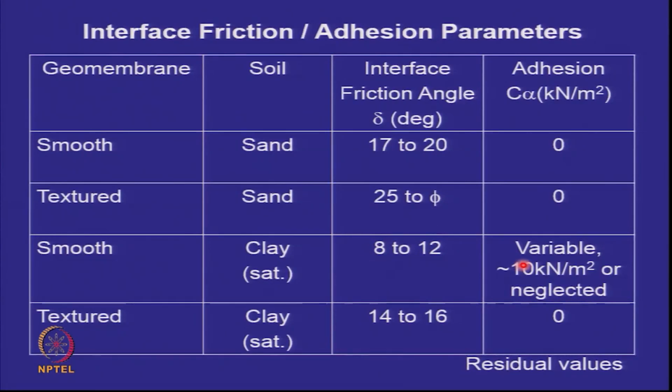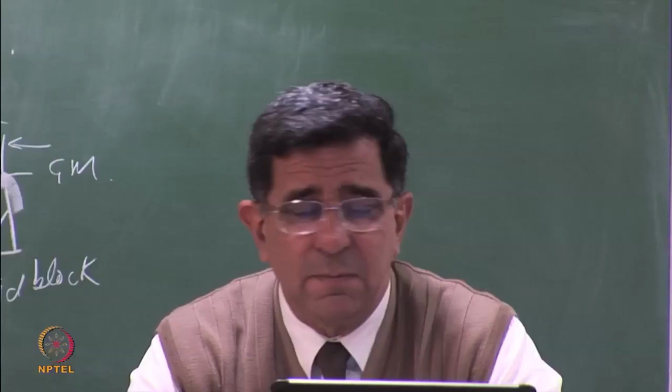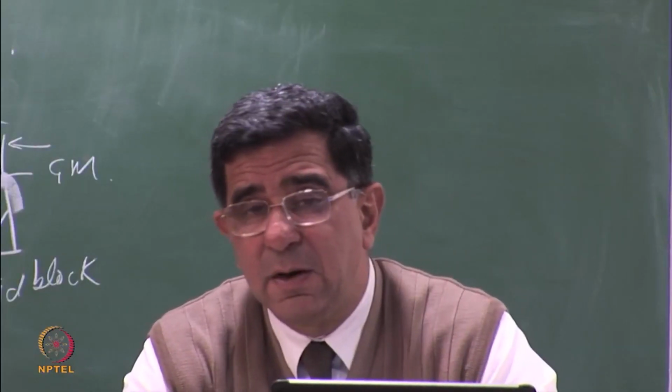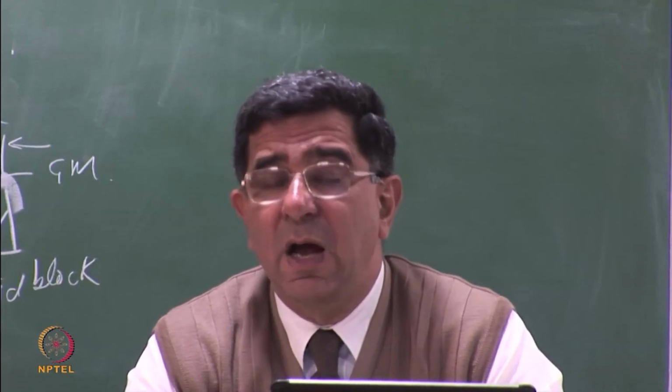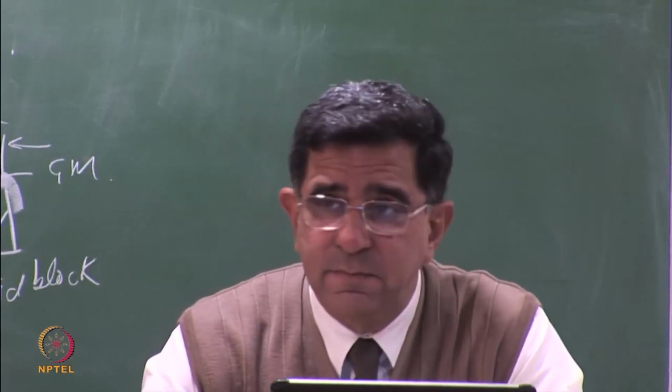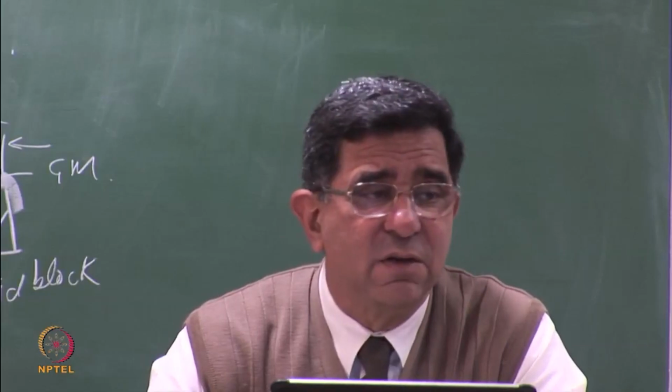You do get a cohesion intercept sometimes in your direct shear tests, and this should be called adhesion. Cohesion is soil to soil, this is adhesion intercept. The adhesion intercept in unsaturated soils is higher, in saturated soils is lower.